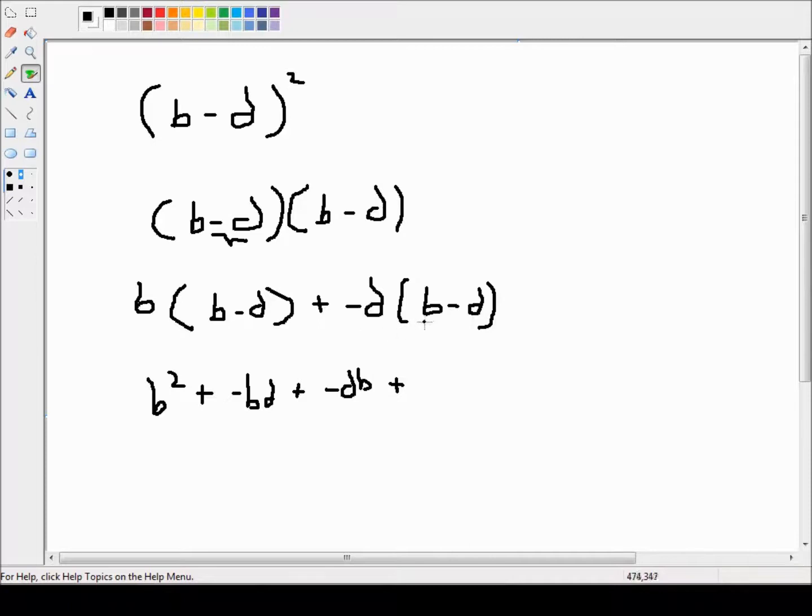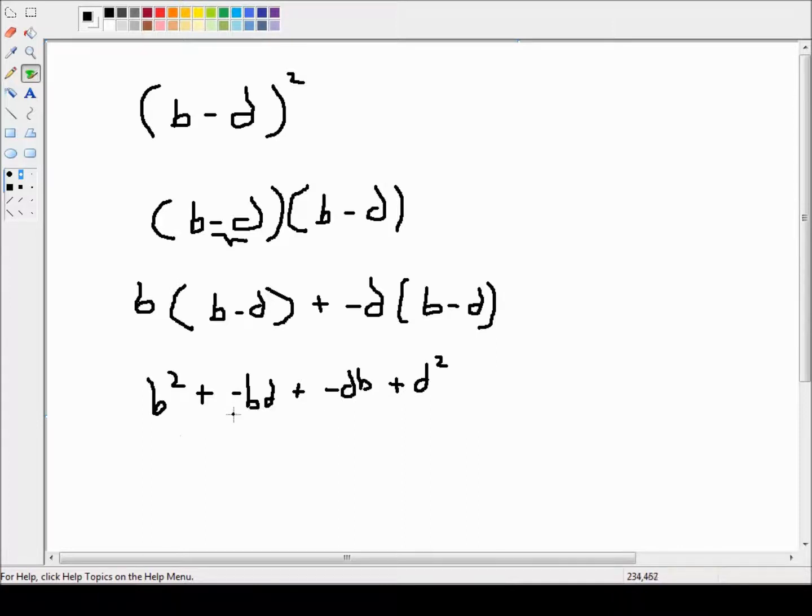Well, that negative times a negative is a positive, so this is d squared, or positive d squared. Now negative bd plus negative db, well, db is the same as bd. That's the commutative property of multiplication. A times b is the same as b times a.